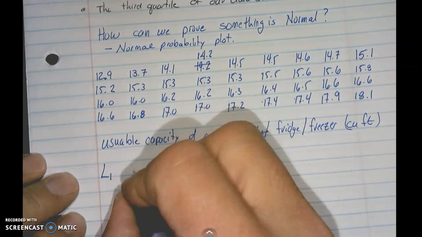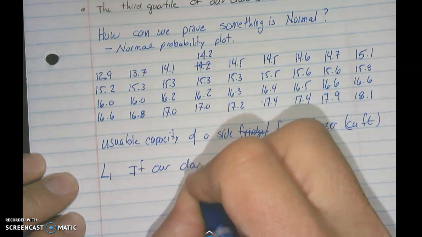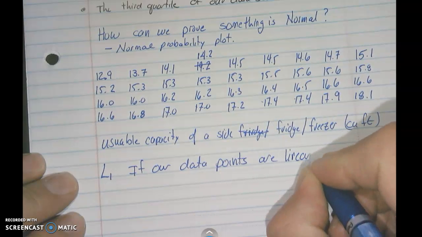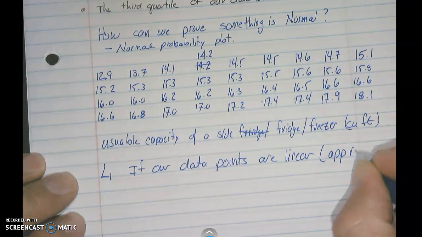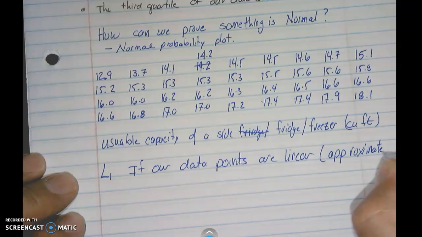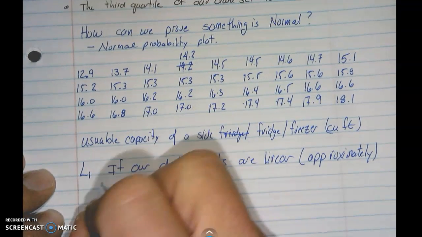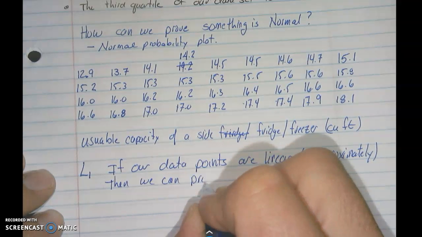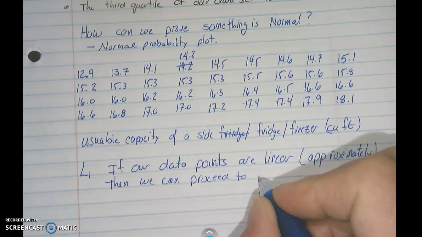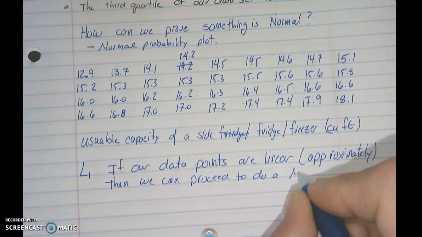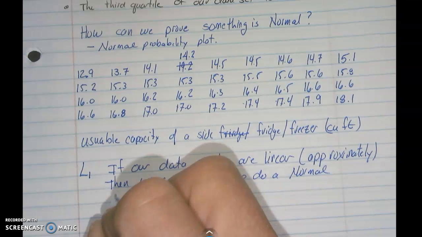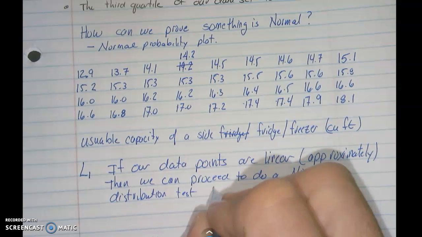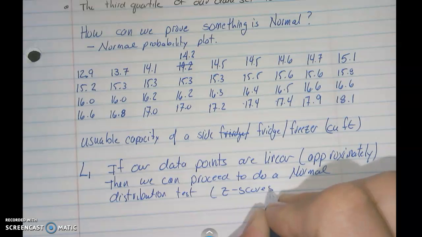So if our data points are linear, or you could even say approximately linear, then we can proceed to do a normal distribution test. That's just our z-scores. Okay.